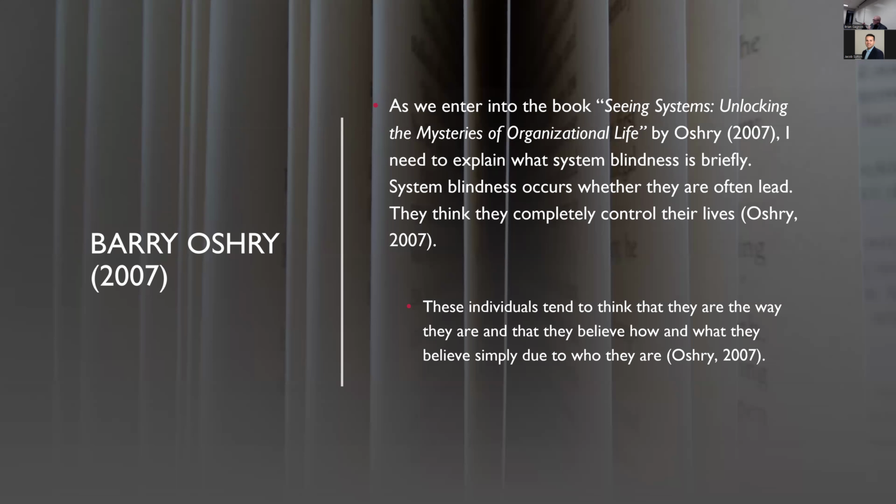That's why there's no closed systems, because things from other systems affect people in this system that we're evaluating. These individuals tend to think that they are the way that they are and that they believe what they believe simply due to who they are. Well, that's not truly the truth now, is it?